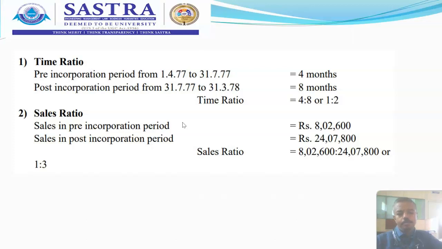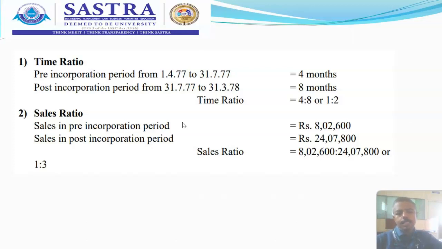So let me summarize. The time ratio is based on the period between the accounting year start or business purchase date till the date of registration or incorporation. There is pre-incorporation period of 4 months, and then from the date of registration till the end of the accounting period is called post-incorporation period. So here it comes to around 8 months. So 4:8 can also be called 1:2 by simplification. And then sales ratio.